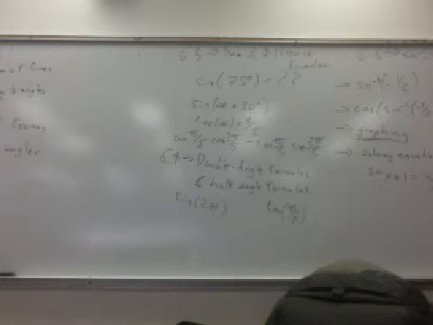And then I did a section on word problems from both those sections. How do you solve word problems that use either law of sines or law of cosines in them?